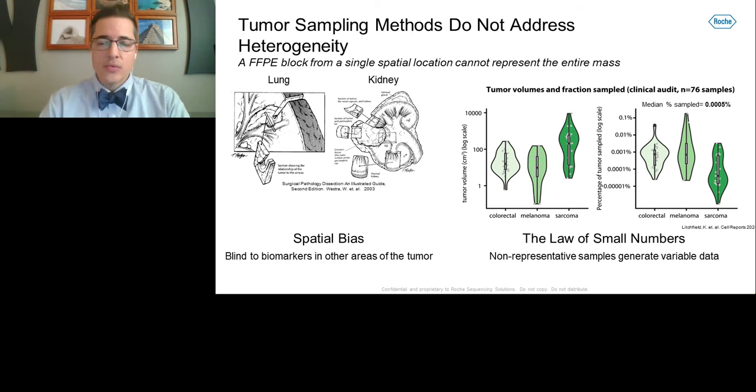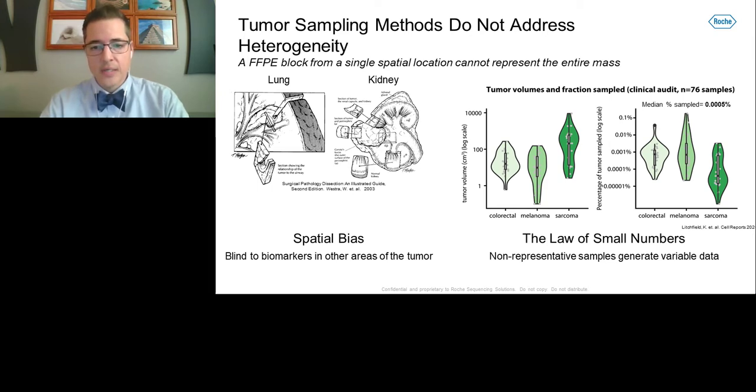On the right here, you can see data that is taken from a paper that we just recently published in Cell Reports, Litchfield et al. In the data that you see on the right, what we did is we did a survey of 76 samples of colorectal melanoma and sarcoma. And we looked at what is the average size of these tumors, and then what is the median percent of that tumor that made it into a PCR test in which 3 10-micron sections were taken for purification of DNA.